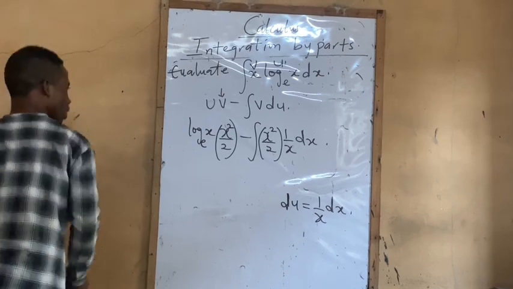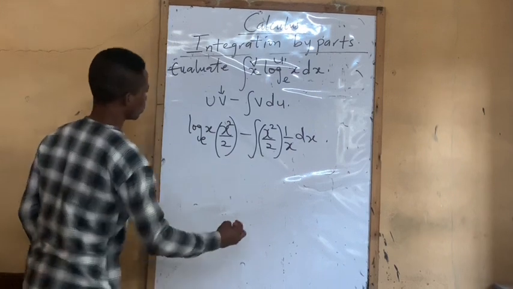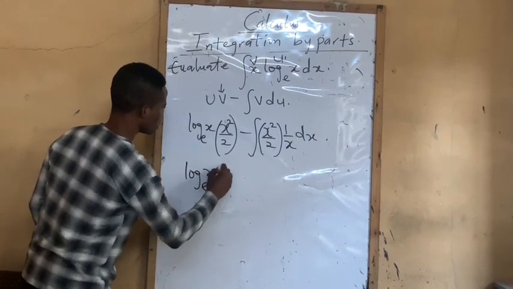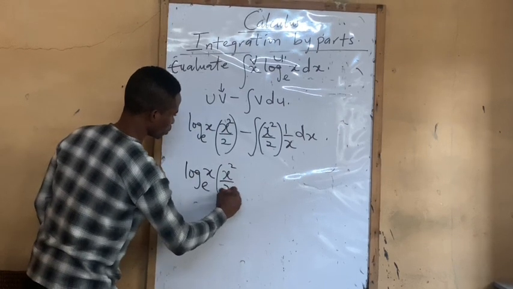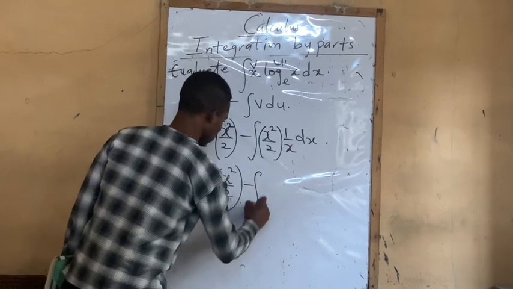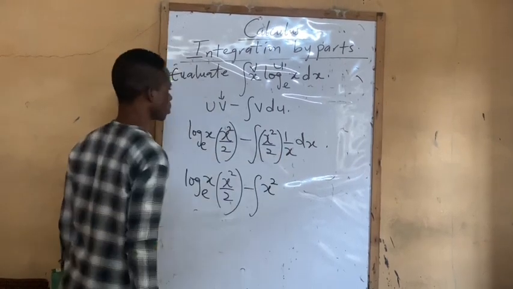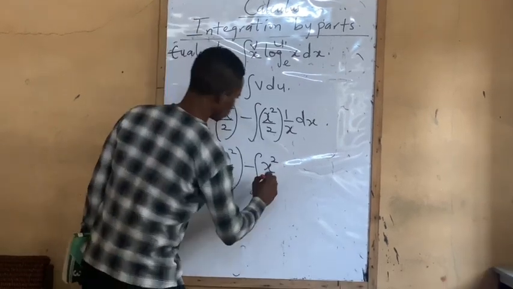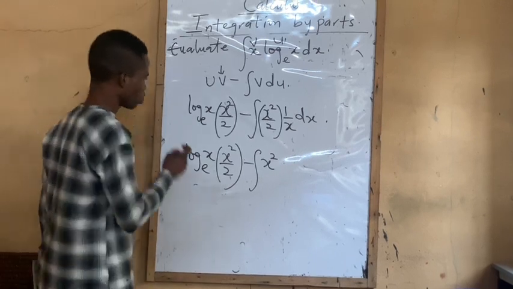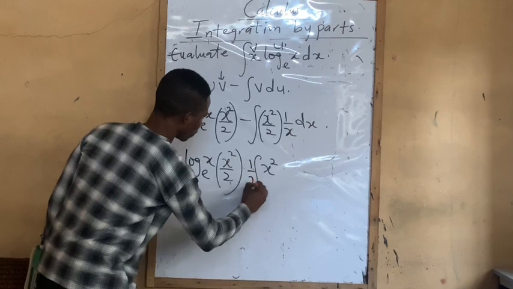So the next thing we do is write log x base e times x squared all over 2 minus integral of x squared all over 2. I can as well bring this 1 over 2 outside.